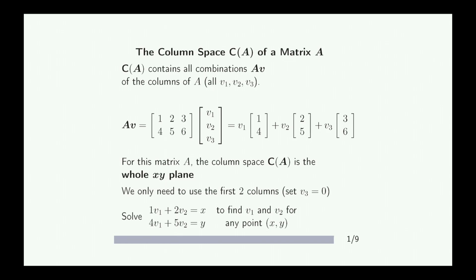The columns are column vectors, (1, 4), that's a vector in 2-dimensional space. (2, 5) is a different vector. (3, 6) is another vector, all in 2-dimensional space. And we take their combinations, all combinations of v1 times the first column, v2 times the second, v3 times the third.